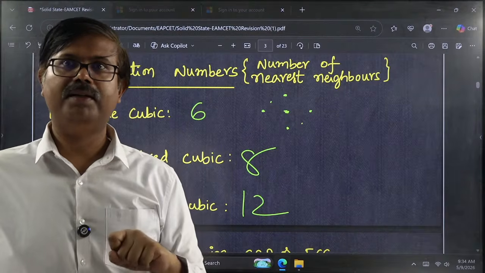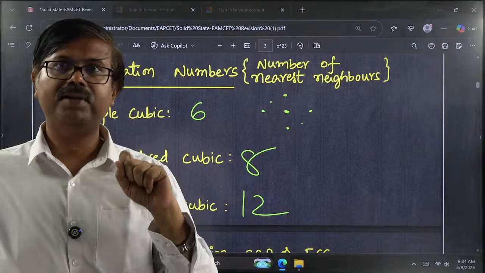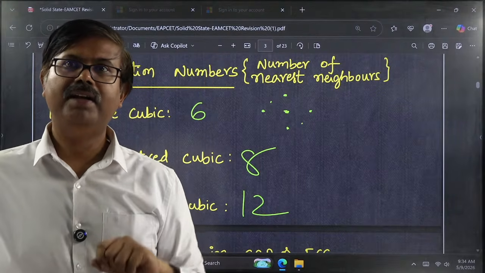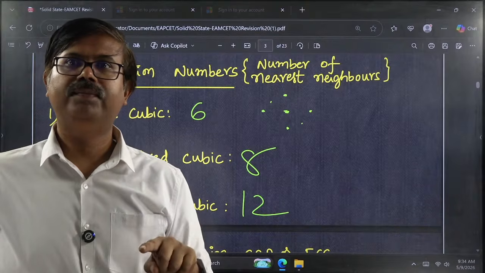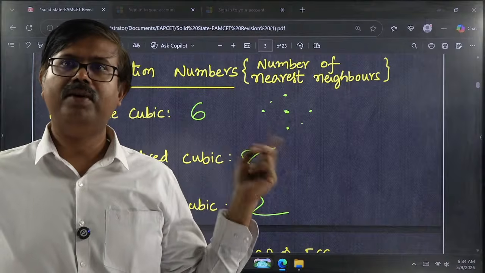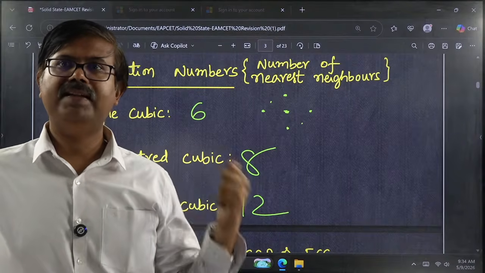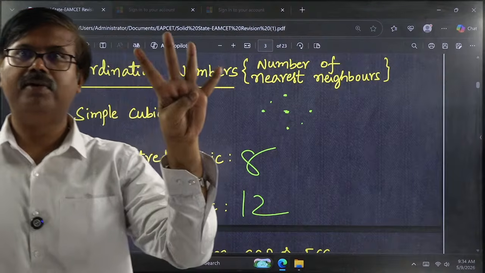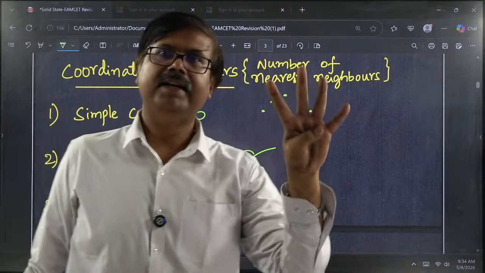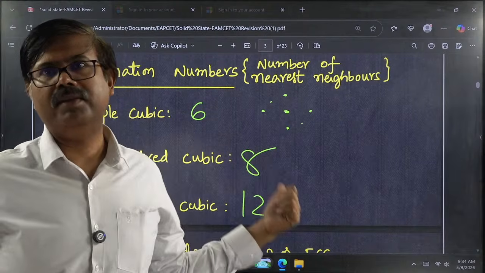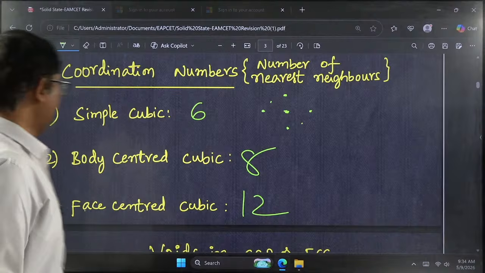Body centered cubic: how many atoms per unit cell? 2. And relation between A and R, root 3A is equal to 4R. Next, coordination number 8. Face centered cubic: number of atoms 4 per unit cell, and A and R relation, root 2A is equal to 4R. Coordination number 12.